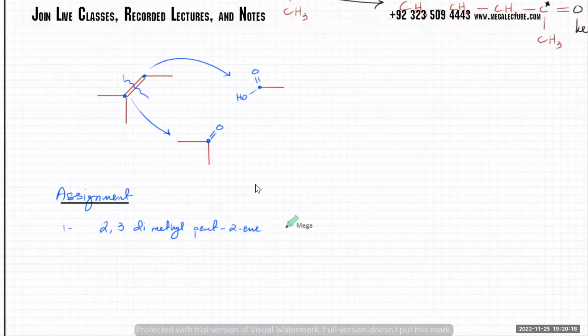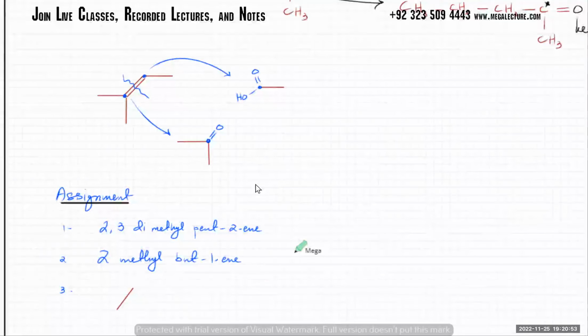Tell me what the products are. Take number 2. Number 2 is there's a 2-methyl butene. As in number 3. Number 3 is let me draw a skeletal formula. Okay.